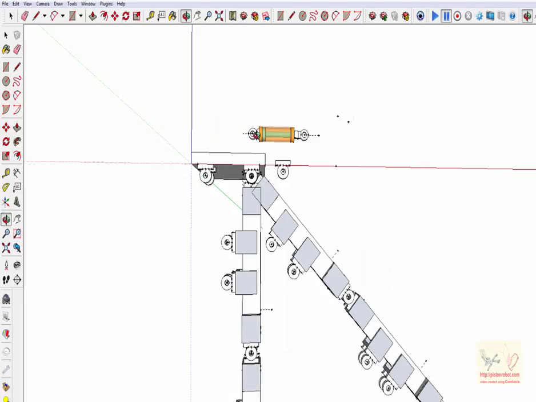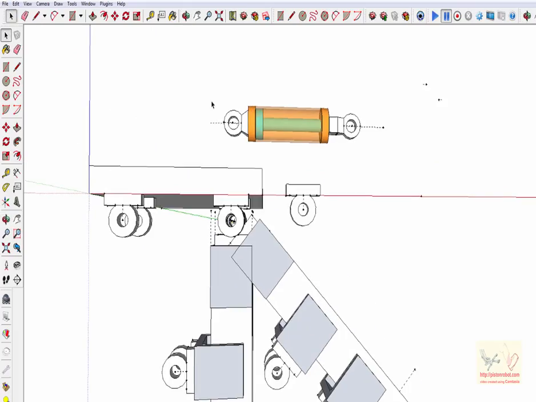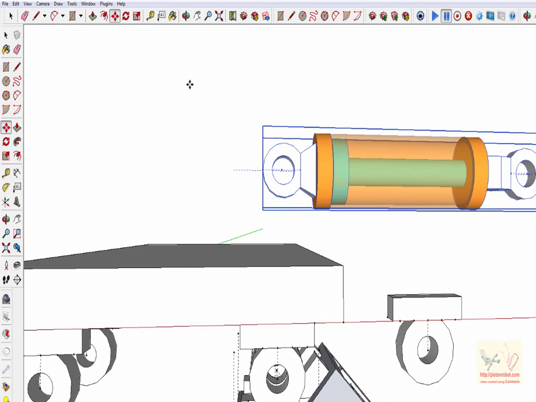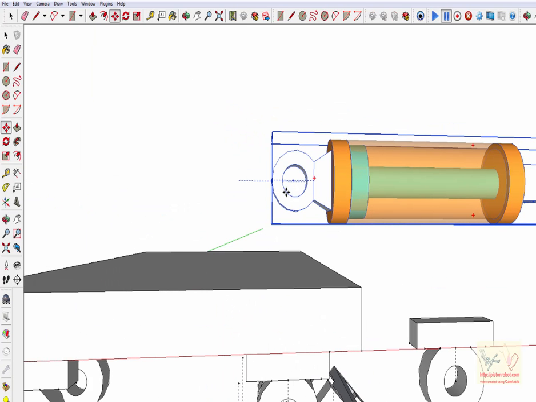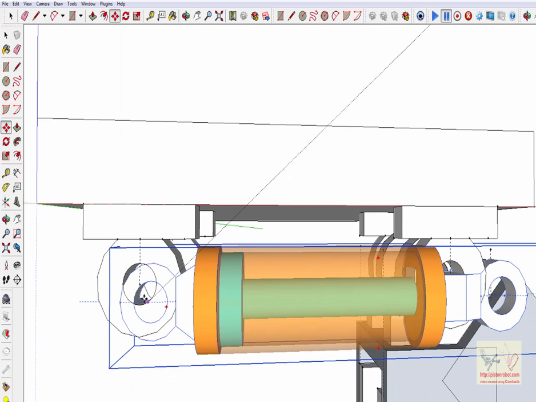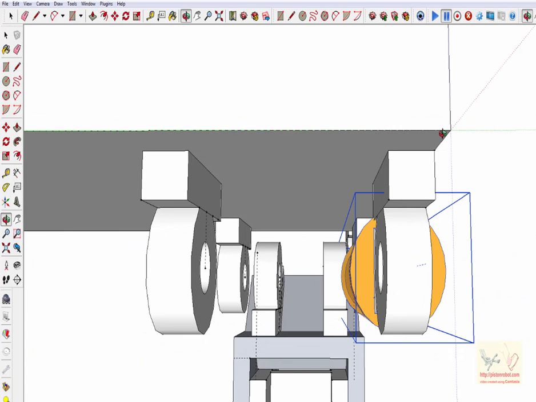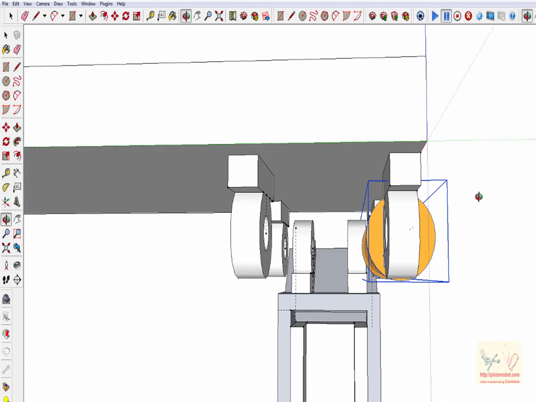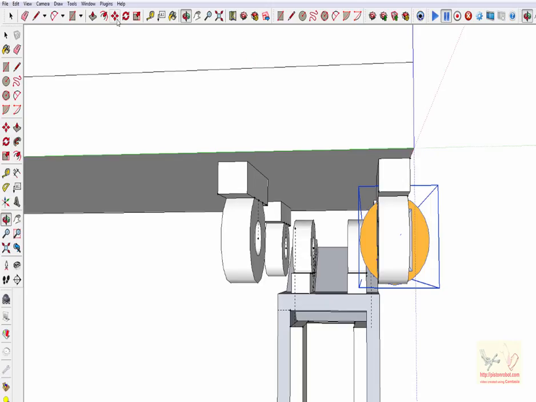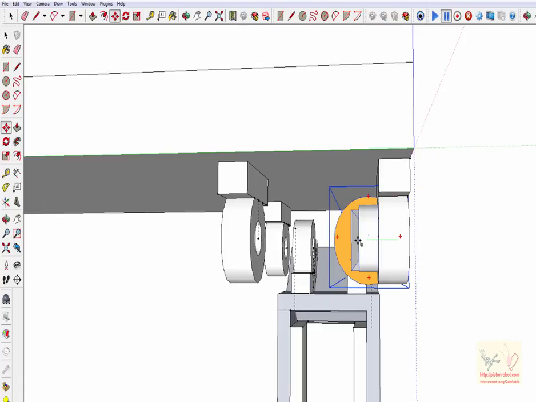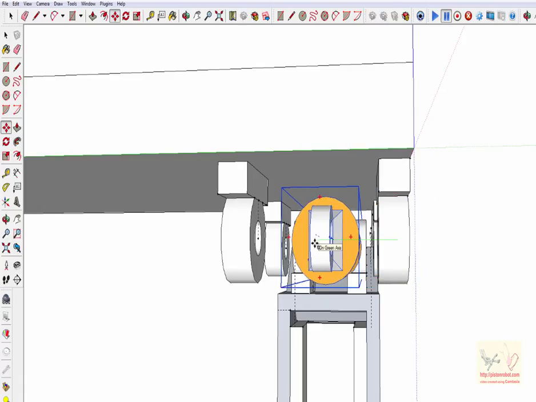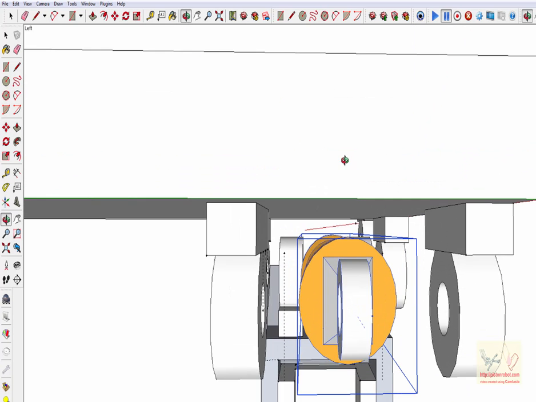And we have to put this piston, that hydraulic cylinder, into place. And that is about in the middle, which is adequate for what we're doing.